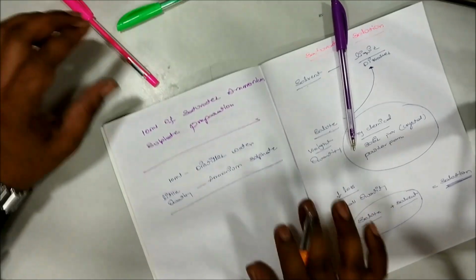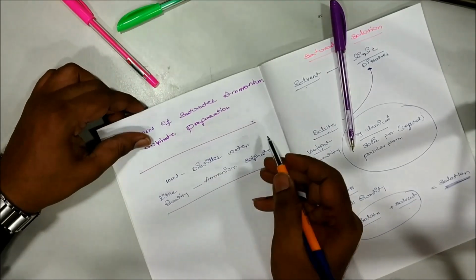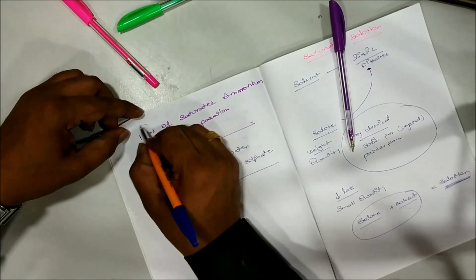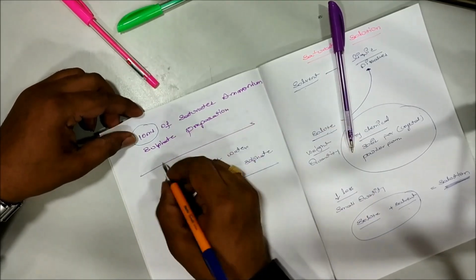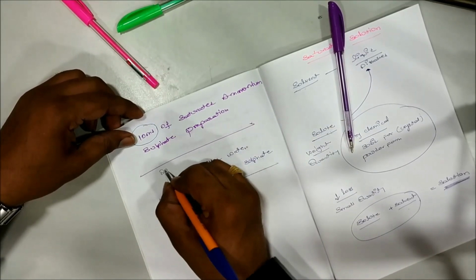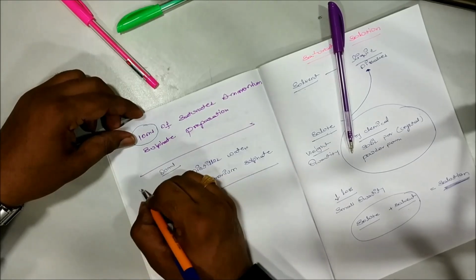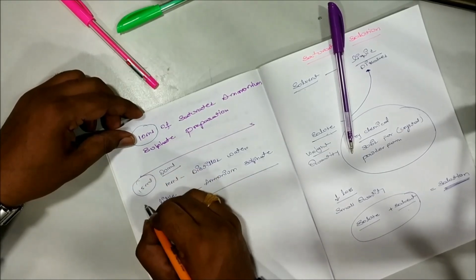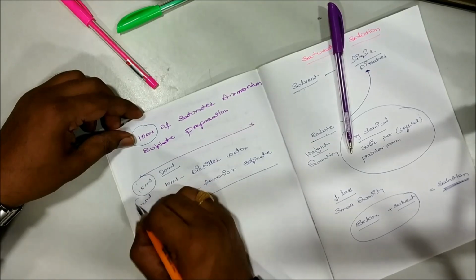This is the thing I need first. 10 ml of distilled water is required because the quantity is 10 ml. You can take more also. You can take 20 ml or 15 ml, or you can also take 12 ml.